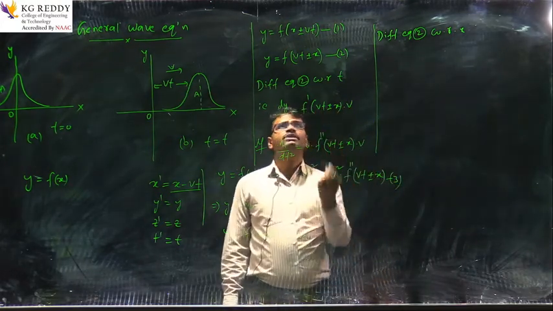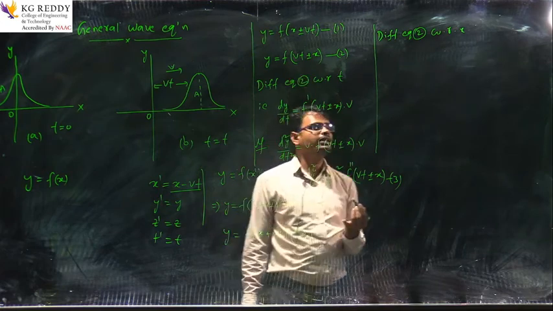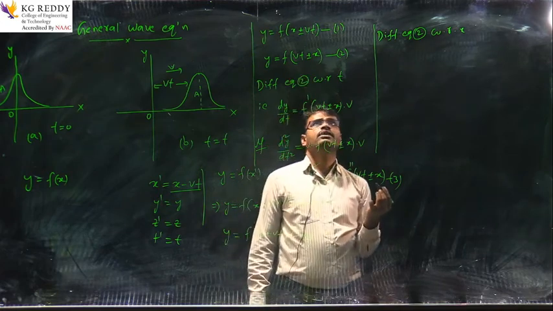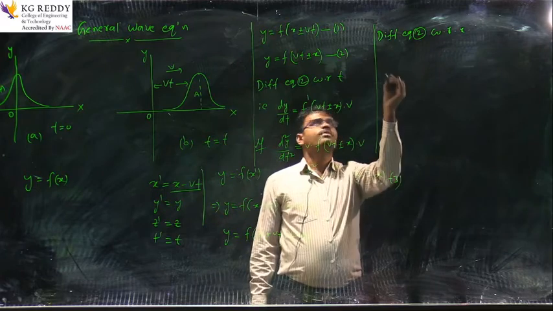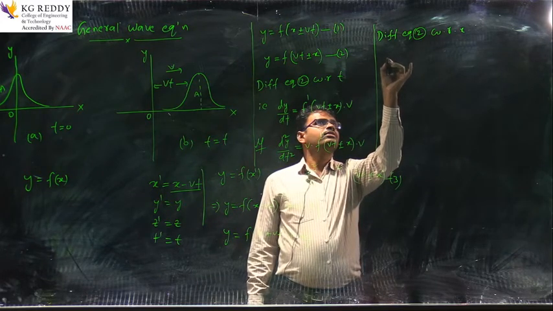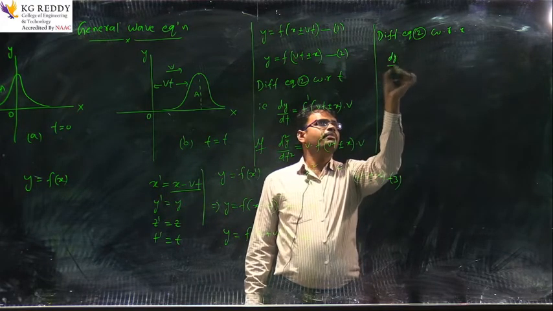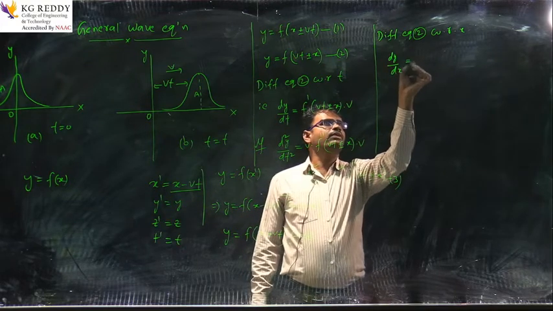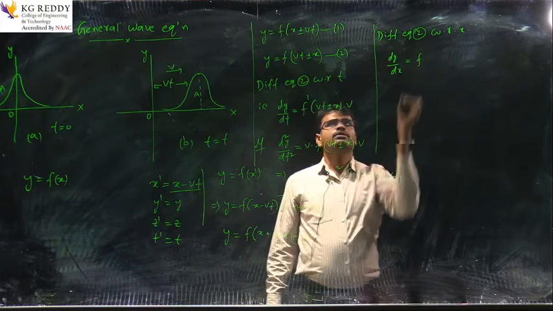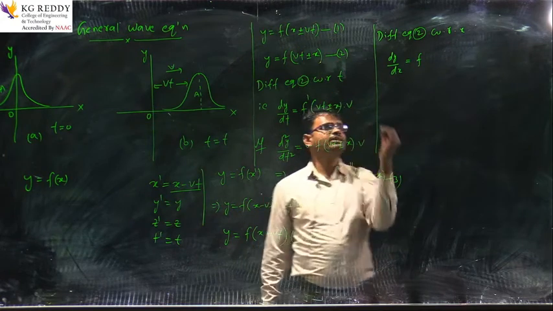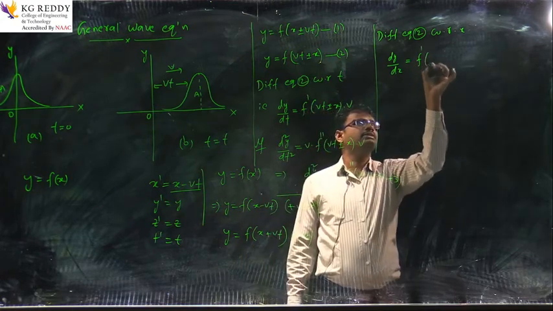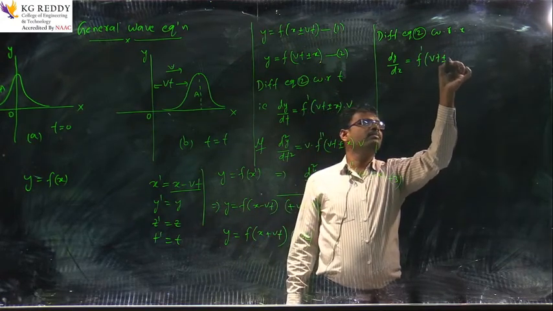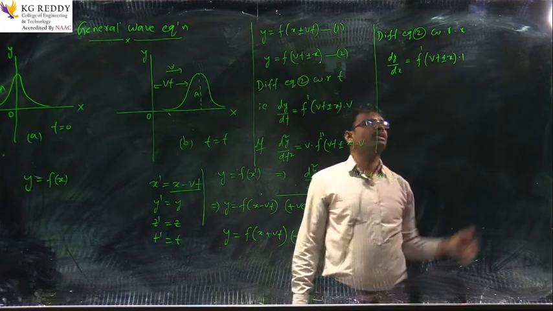So, what is equation 2? y equal to f of vt plus or minus x, right? dy by dx equal to the differentiation of f of vt plus or minus x, which is f dash of vt plus or minus x into 1.